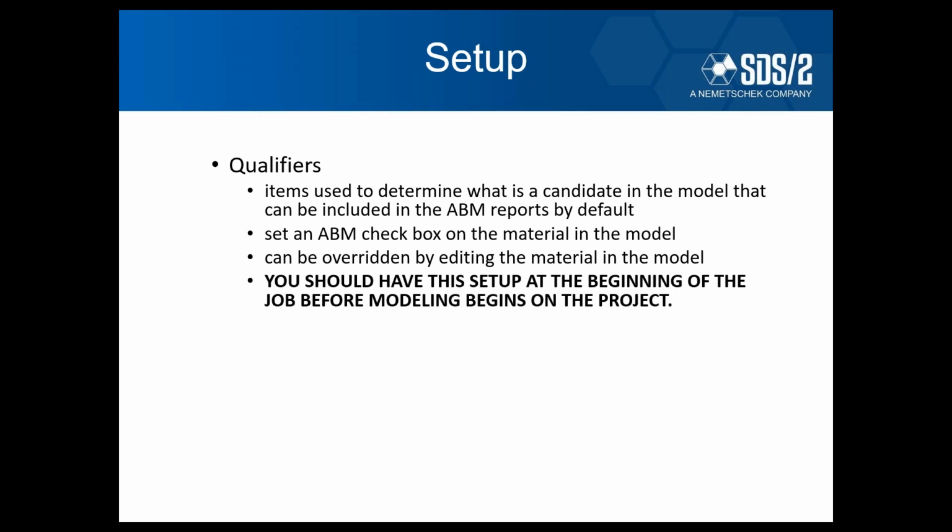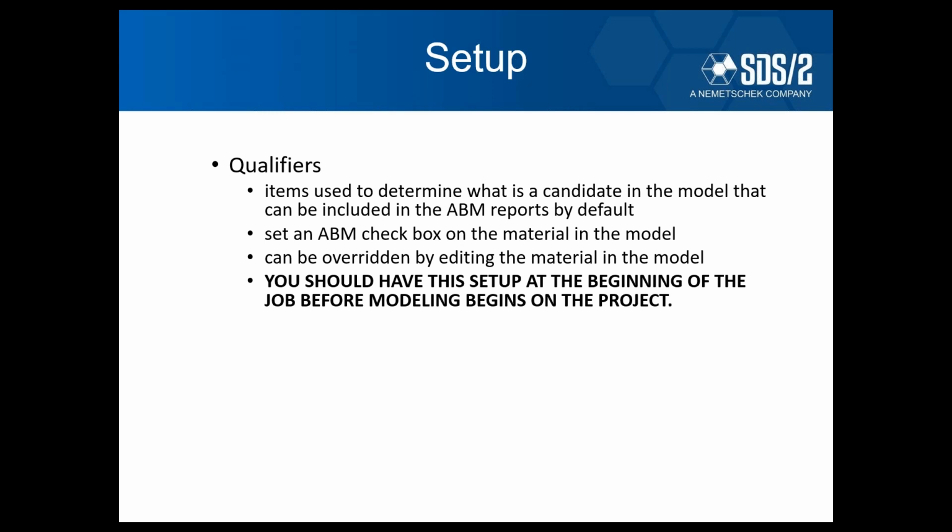Now, it's very important that these qualifiers are set up at the beginning of the project. The reason for this is that once a member is added, if it is not qualified, it is not going to be check marked. If I go back and adjust those qualifiers, it doesn't look at what is already added to the model.